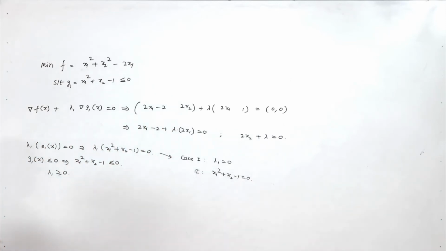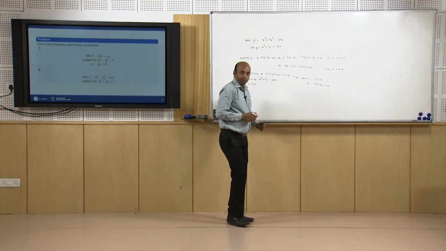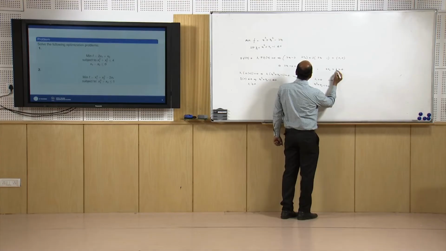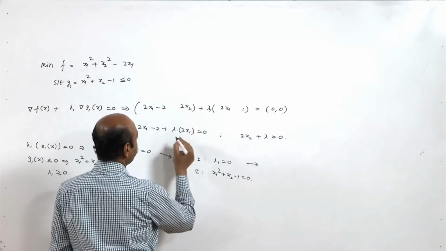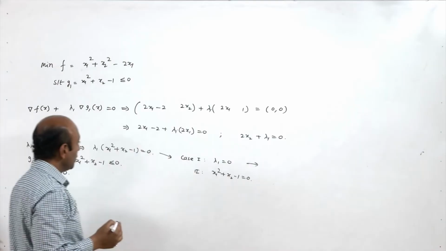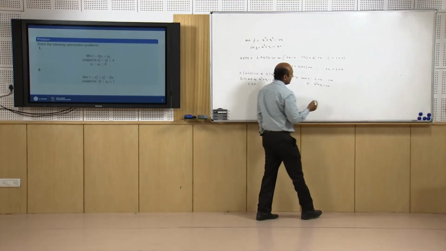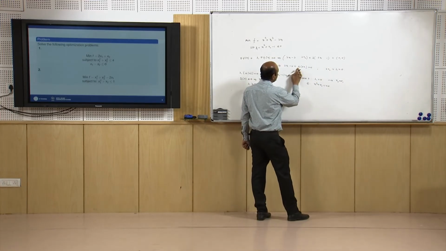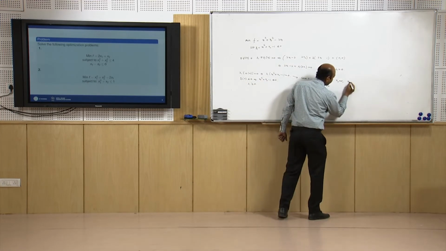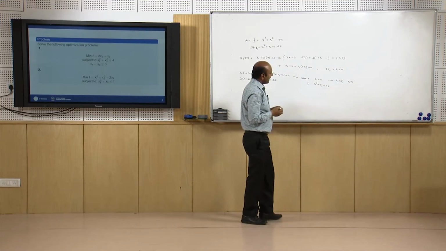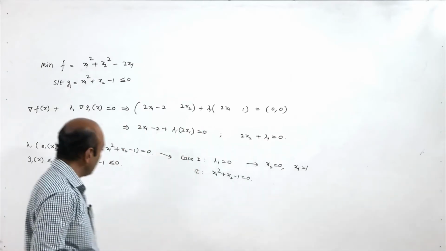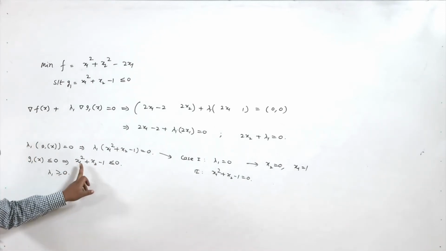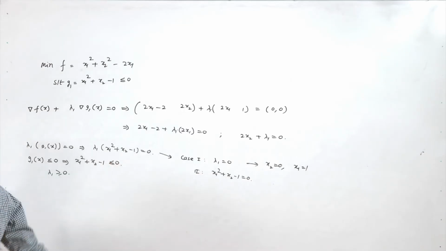Now, if lambda 1 equal to 0, this means x2 equal to 0, and when lambda 1 equal to 0 here, this means x1 equal to 1. If you take 1 comma 0, then x1 square plus x2 minus 1 is 0, which is less than equal to 0, equality holds.